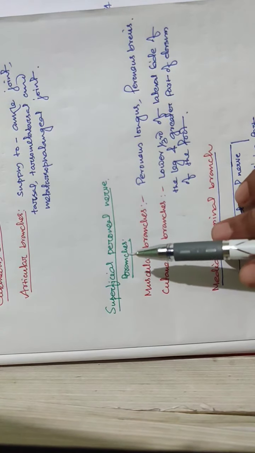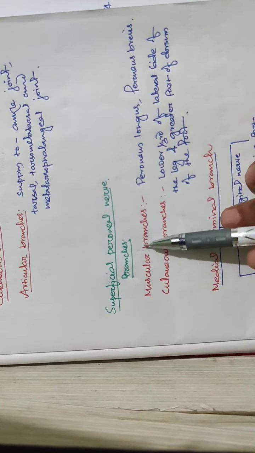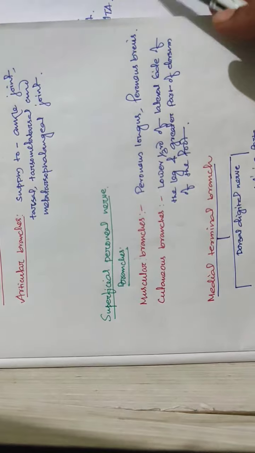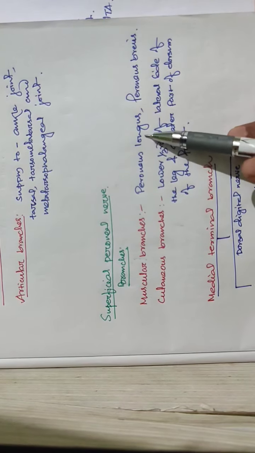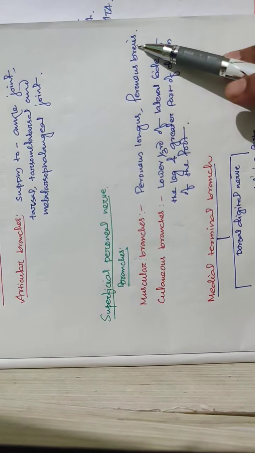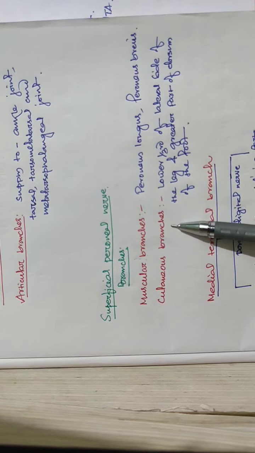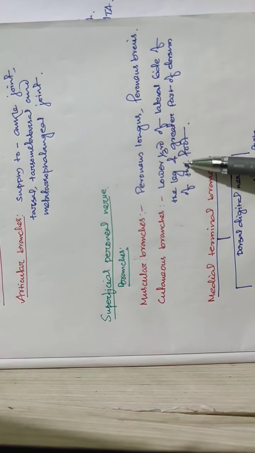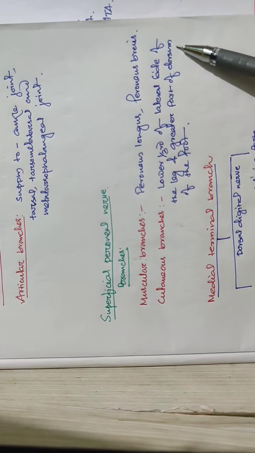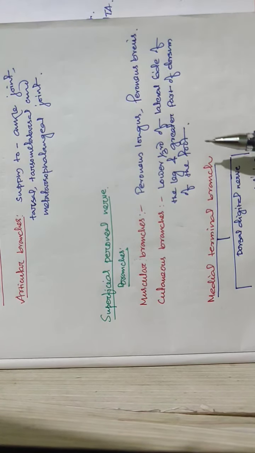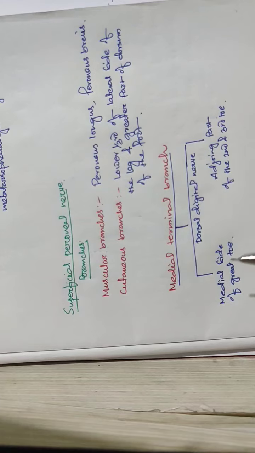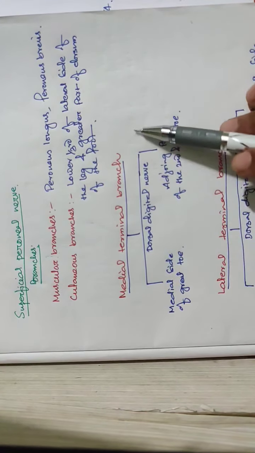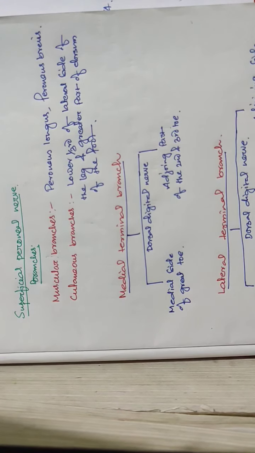Now the superficial peroneal nerve branches: the muscular branches are the peroneus longus muscle and peroneus brevis muscle, and the cutaneous branch supplies the lower one third of the lateral side of the leg and greater part of the dorsum of the foot, and it has two terminal branches, one is the medial terminal branch and another is the lateral terminal branch.